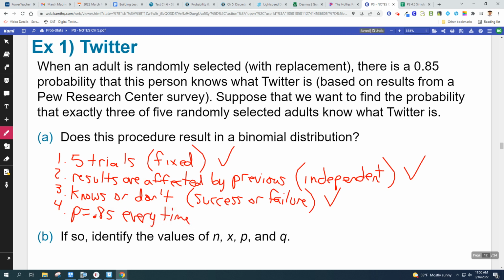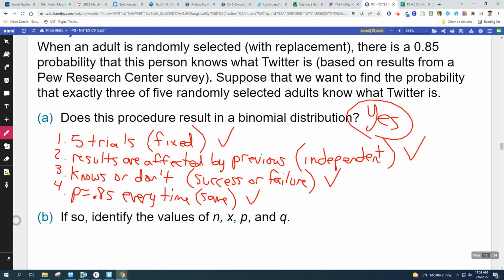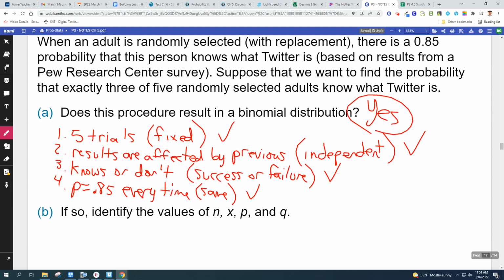So it's the same every time. All 4 of those things are good. All 4 of those things are valid. So therefore, does this procedure result in a binomial distribution? Yes, because those 4 fit. So then part B says identify the values of n and x and p and q.